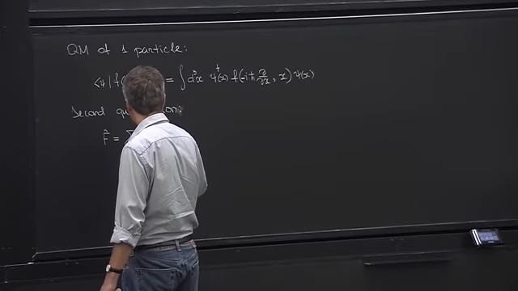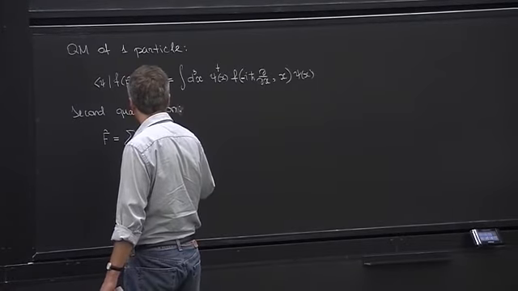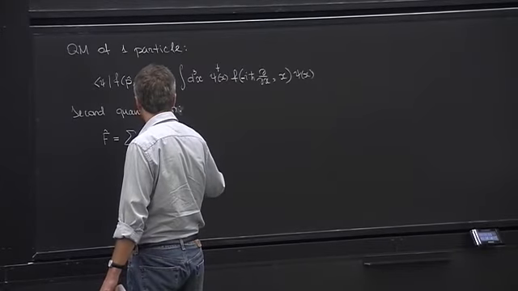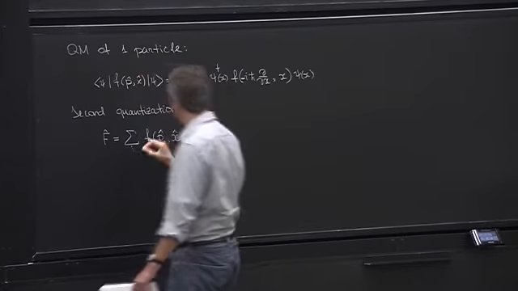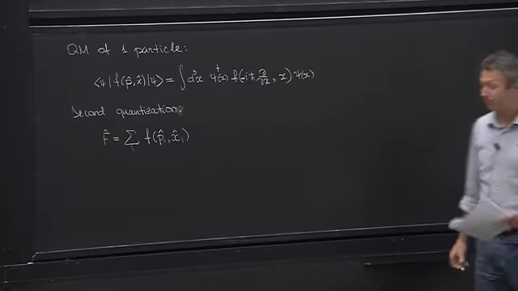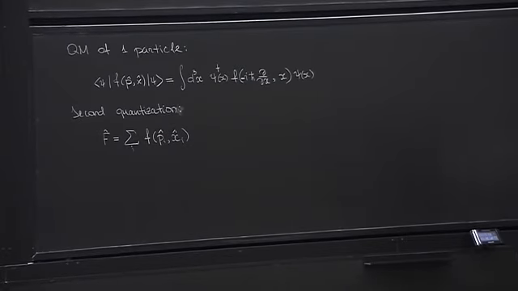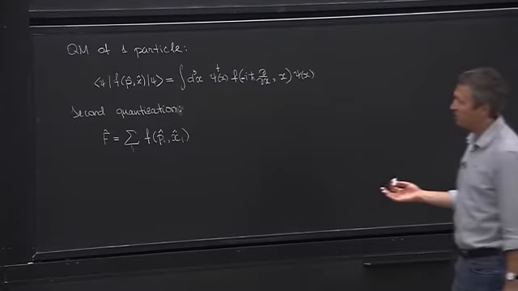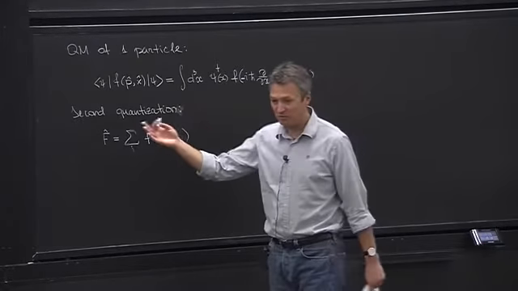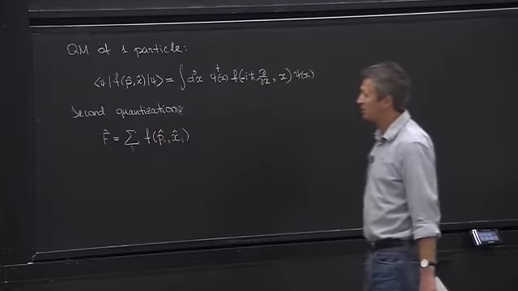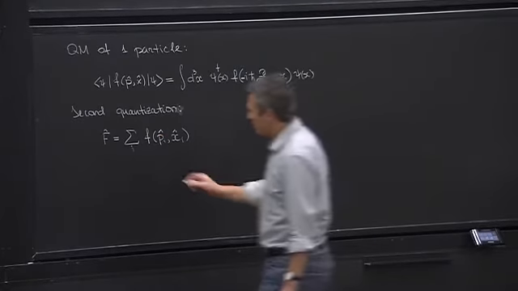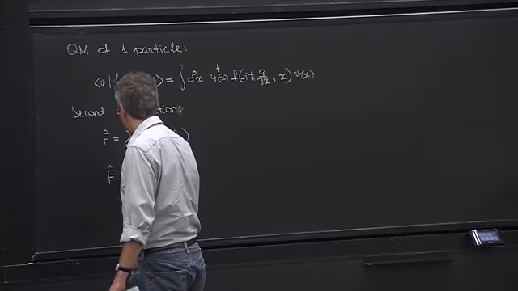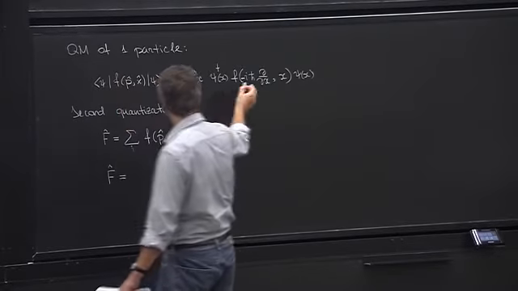So it is a sum of operators that act on each of the particles. Then we can introduce creation and annihilation operators and the field operators. The claim is that F then has precisely the same form as this matrix element.